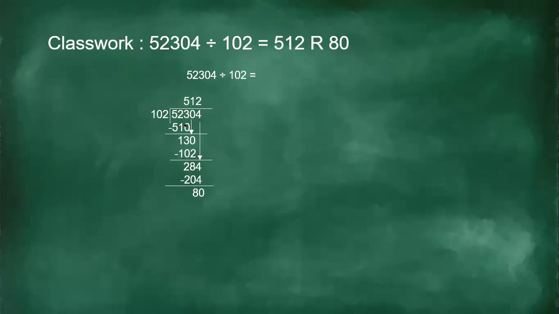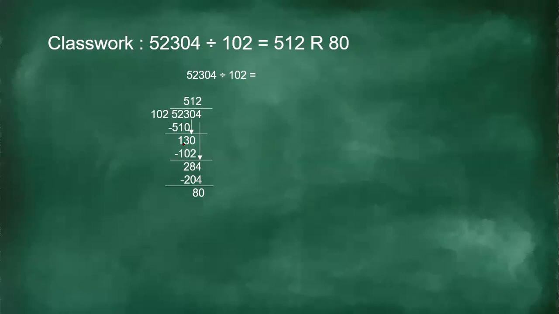It goes 5 times, which gives 102 times 5 is 510. And then 510 minus 523 gives you 13. Bring down the 0.